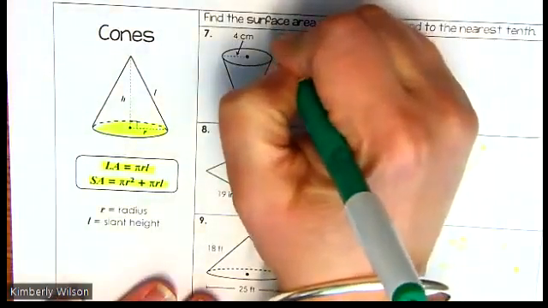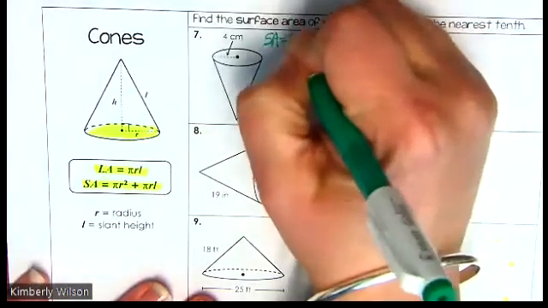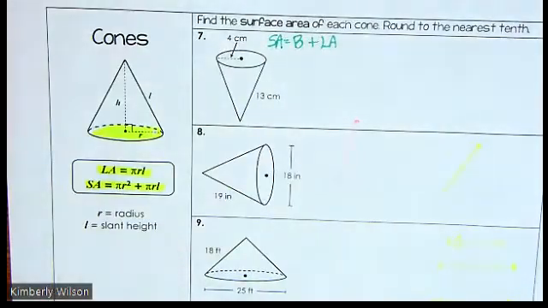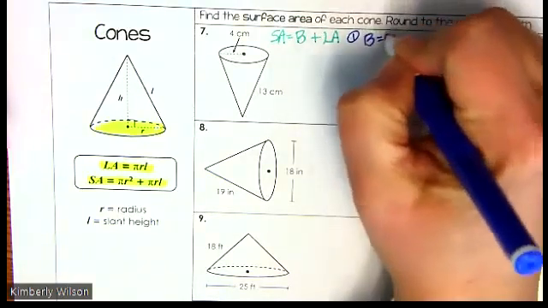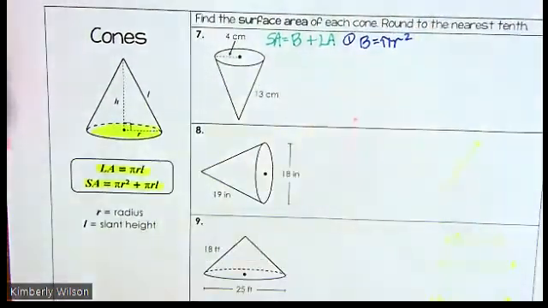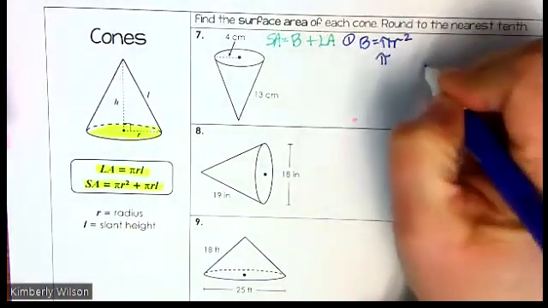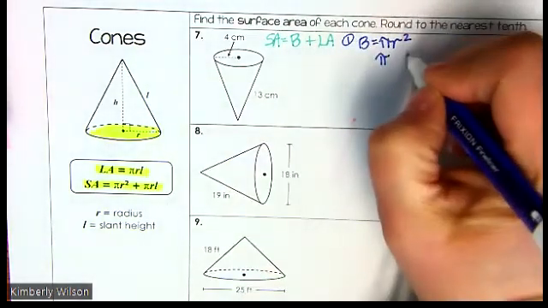So the surface area is going to be found by doing the base plus the lateral area. So for number one, to find the area of the base, which is pi r squared, and yes, you have to write your formulas. Do not plug in pi until the absolute last end, the very end of the problem.